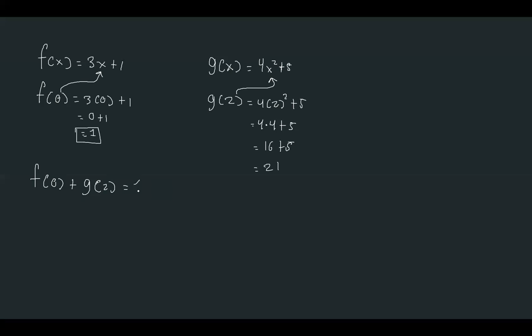So we have 1 plus g of 2, which is 21. So 1 plus 21, the answer is 22. So you see, the overall point here is that not only are we going to use some functions and evaluate them, but it also involves operations as well.